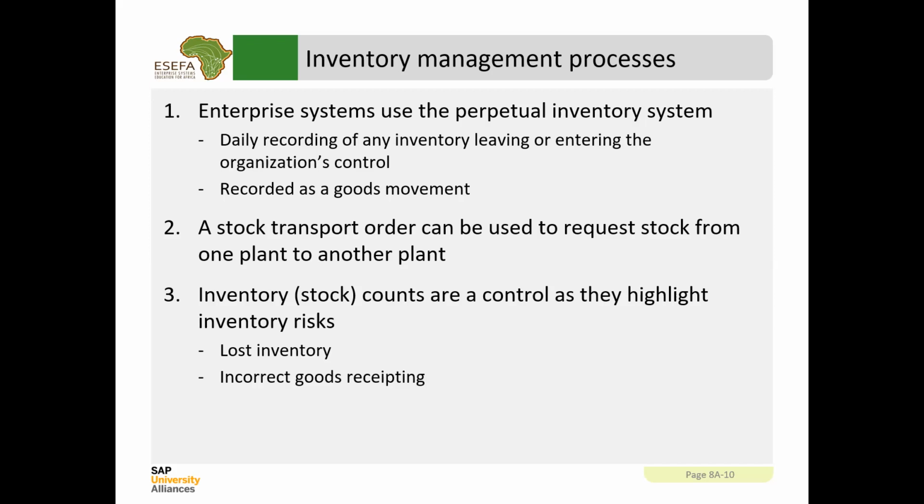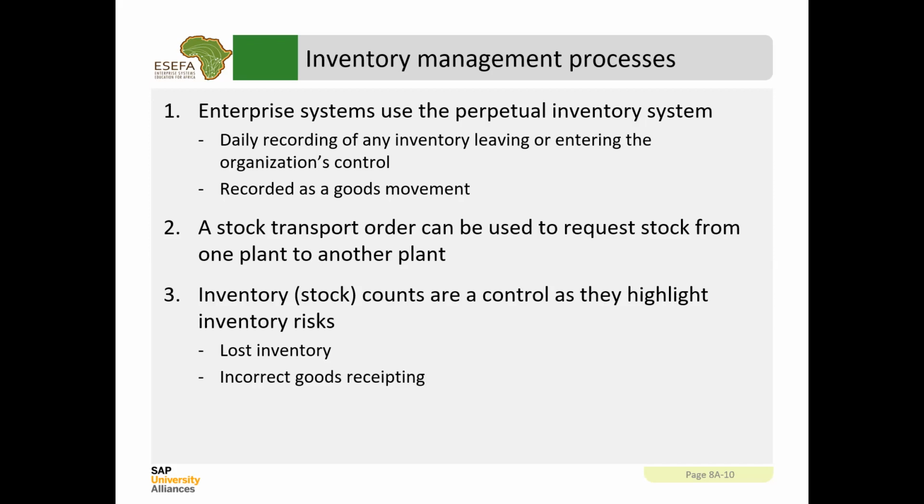So what Lusaka would do is generate a stock transport order to Mungwe to transport that particular product. A transport order for movement of goods from one plant to another is generated.